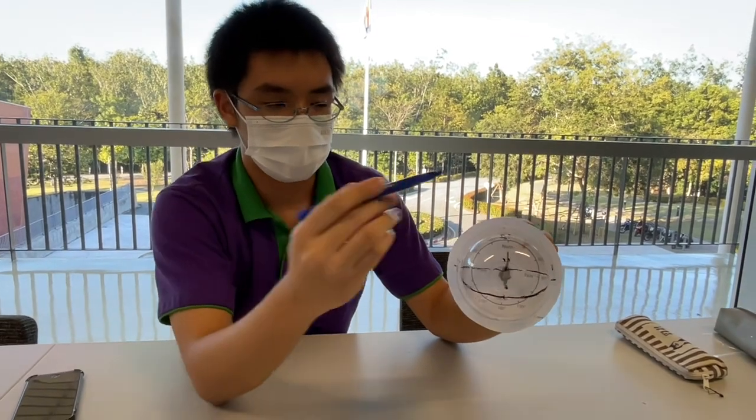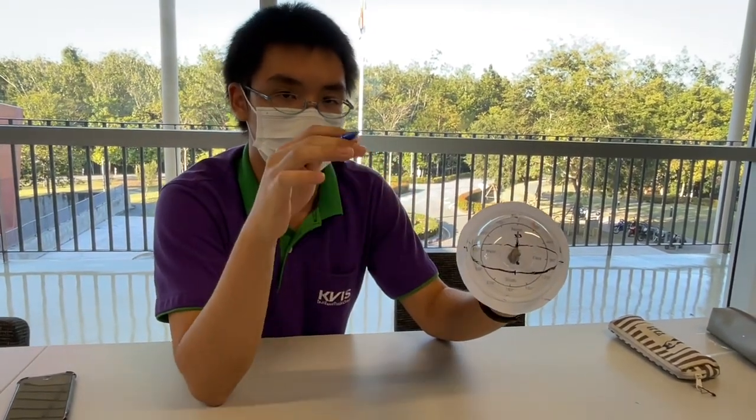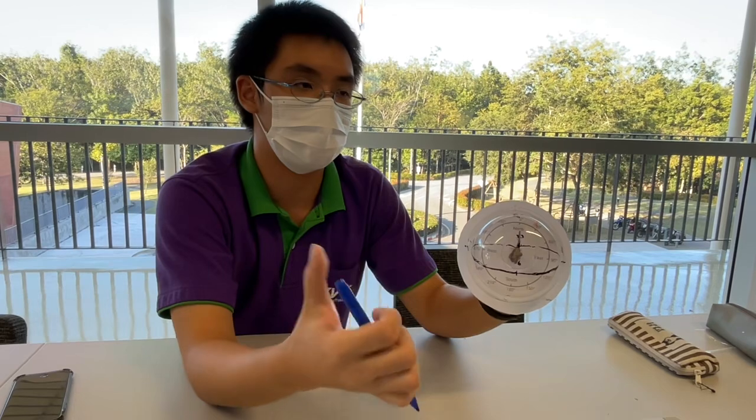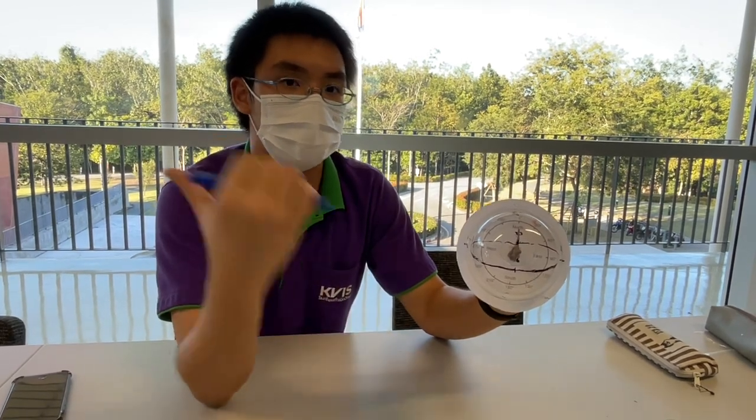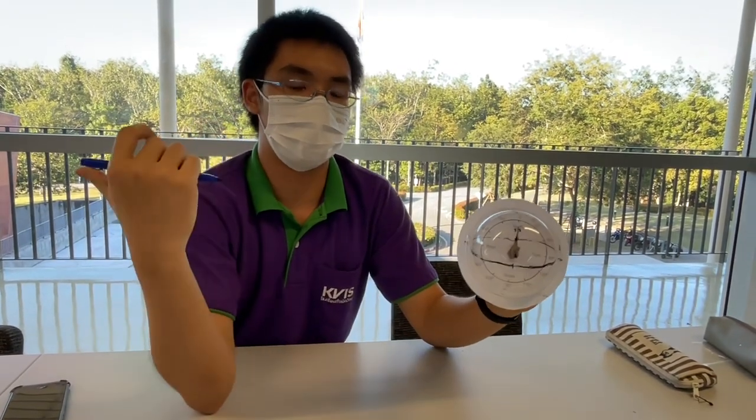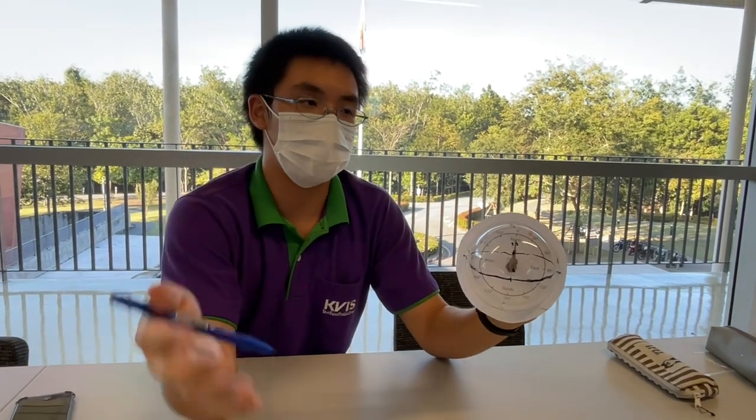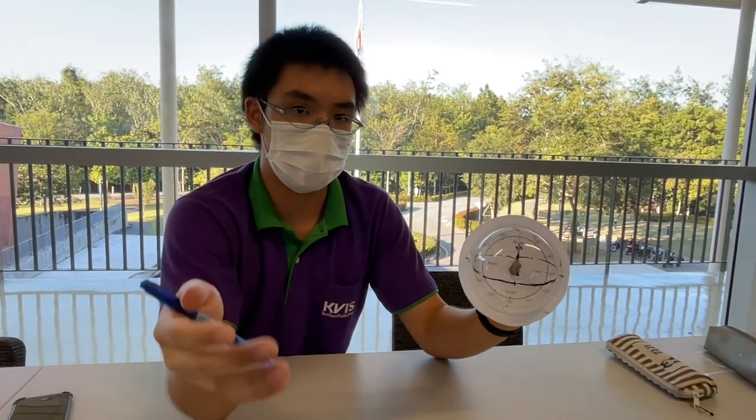It depends on the latitude that you are at. For example, if you are at 0 latitude, like Singapore, it will be different from when you are at the North Pole.